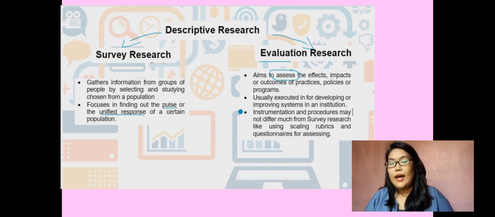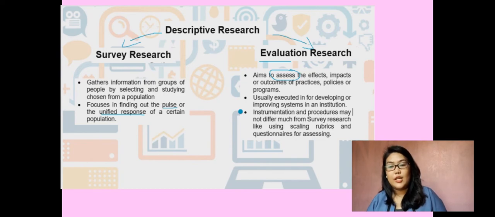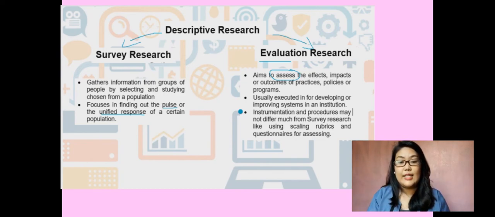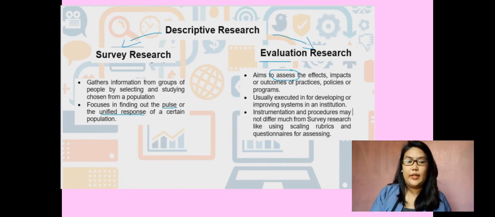What else? Ayan. Instrumentation. Kasi nasabi ko dito is instrumentation, ha? Kung paano mo siya hinanap. What are the tools that you used? Instrumentation and procedures may not differ much from survey research. Yes, like we of course using. So, do you know rubrics, scoring? Diba? Yan yung ginagamit sa inyo ng teachers when we are evaluating your work. Yan, nakikita niyo yan.